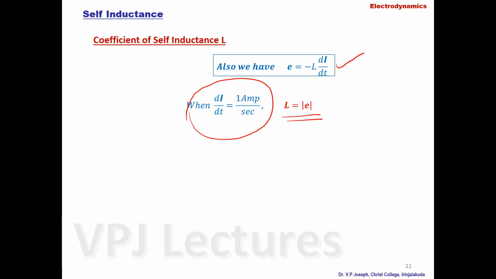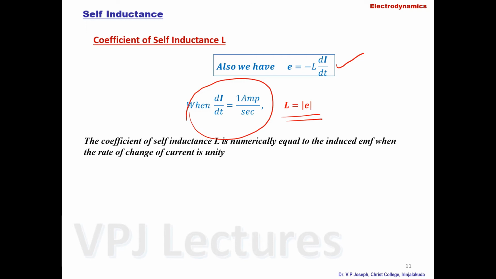So the coefficient of self-inductance L is numerically equal to the induced EMF when the rate of change of current is unity, that is, 1 ampere per second, according to the second relation.